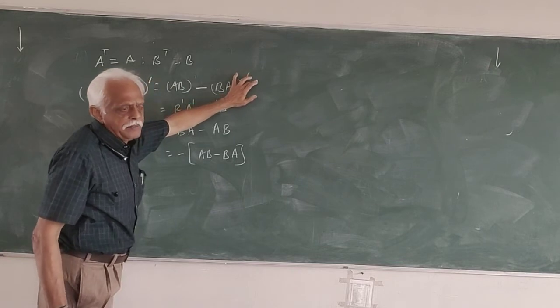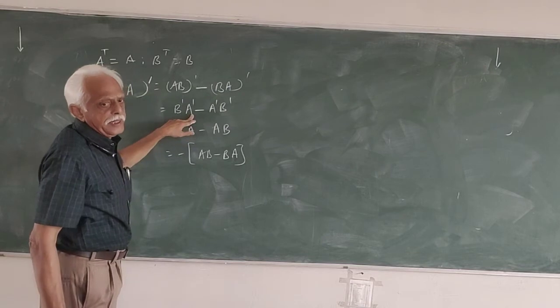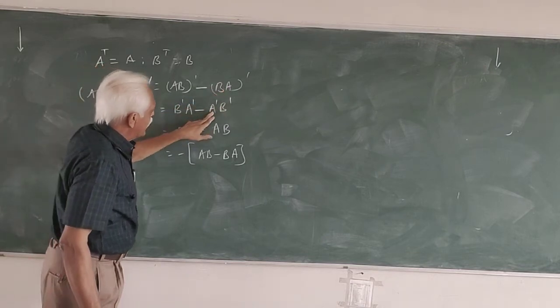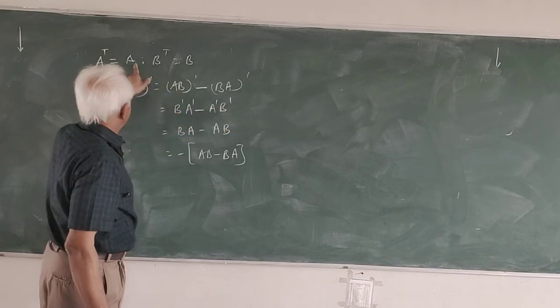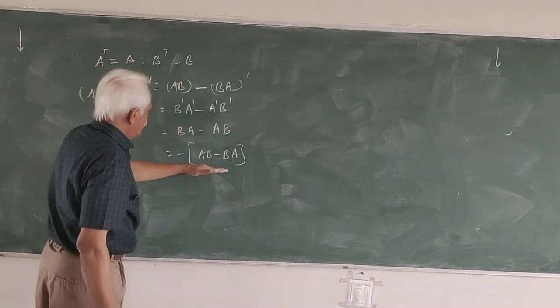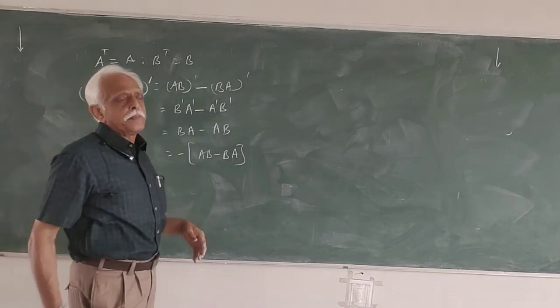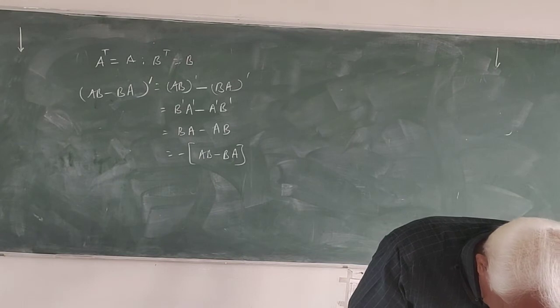We have the formula: AB whole transpose is B transpose into A transpose. Here you are getting A transpose into B transpose. But A transpose is A, B transpose is B, substitute, take out minus, therefore that becomes a skew symmetric matrix. So the option is option number 2.